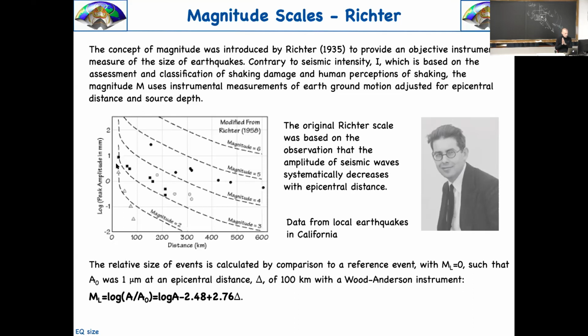Yes. Good. Let's call it propagation effect. It's not a good label, but we can call it that. Then there is another propagation effect, but actually they are all together, which we can call local amplification when you have sediments. Wait for next week. Are we okay up to this point?